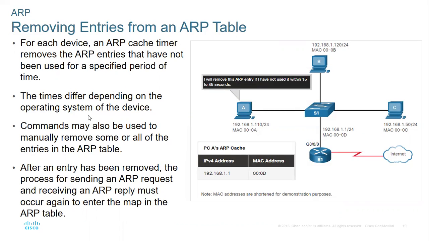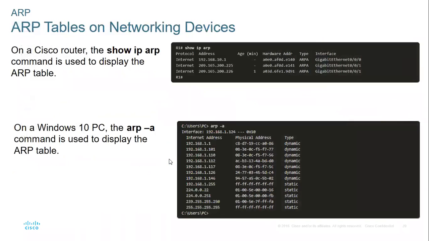The timers differ depending on the operating system of the device. That is, the flushing out of the ARP table depends upon the operating system of the device. And also, commands can be used to manually remove the entries from the ARP table.